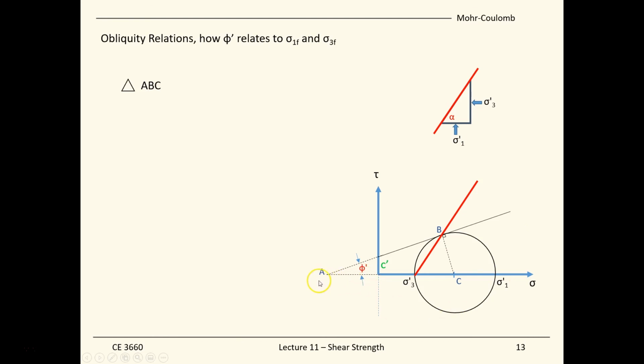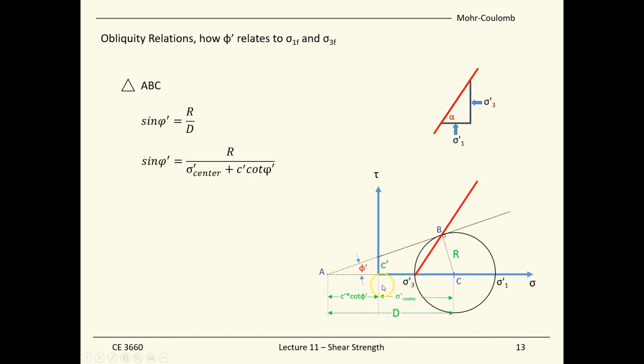So if we go look at triangle ABC, we look at sine phi right there, which will be equal to the radius of the circle divided by the distance right here. The distance AC, we call it d. And what is this distance d actually equal to?